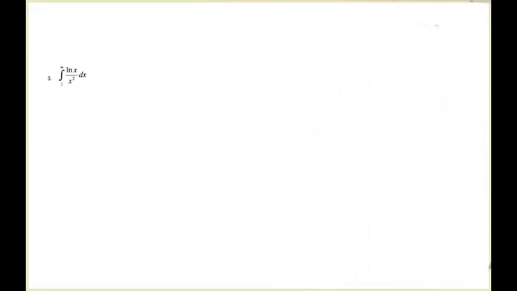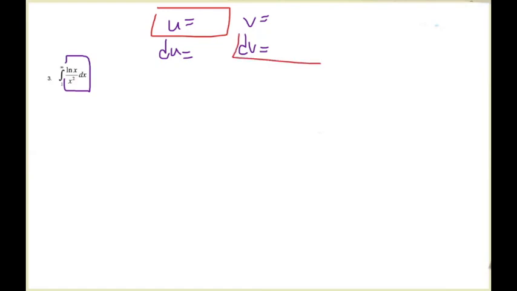Integration by parts begins by recognizing you've got to fill the shelves. We've got a u and a du, and we've got a v and a dv. The entire integrand and the variable of integration have to be consumed, occupying the u and the dv.